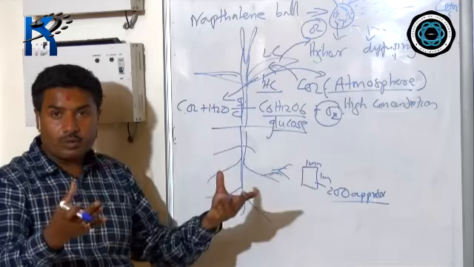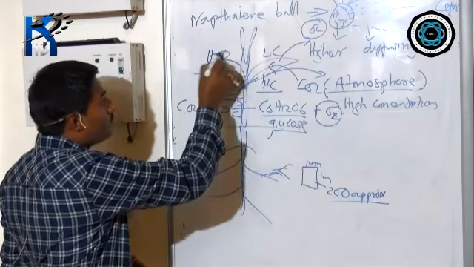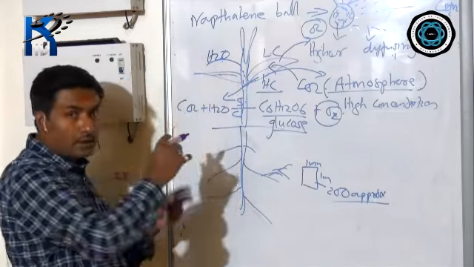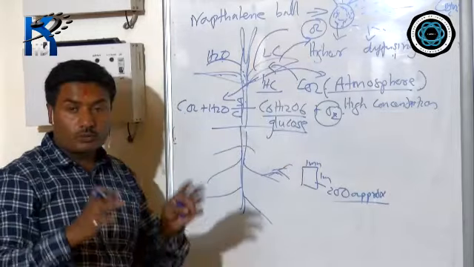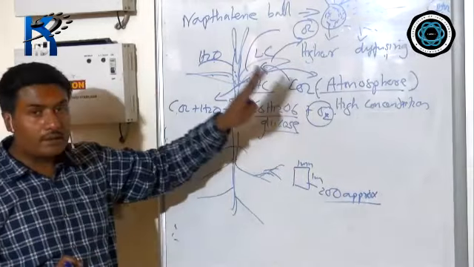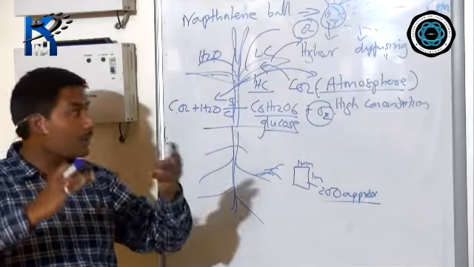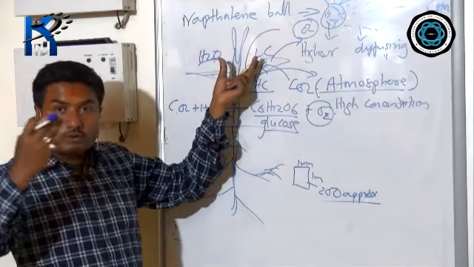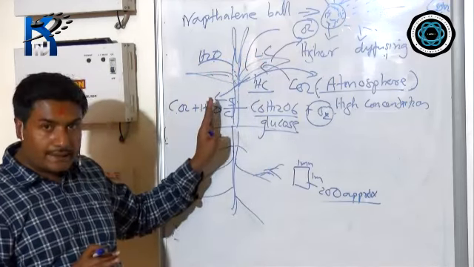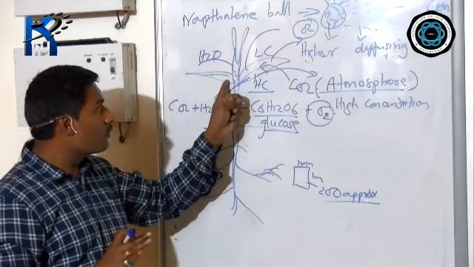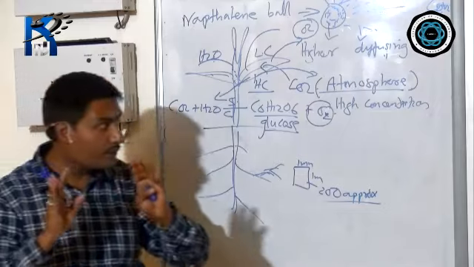In the plant body, when the water becomes more, this excess water needs to come out. How does it come out? It comes out by the process of diffusion only. There is a loss of water in the form of water vapor because the plant has an excess of water, a high concentration, moving to the region of lower concentration. This is by the process of diffusion.